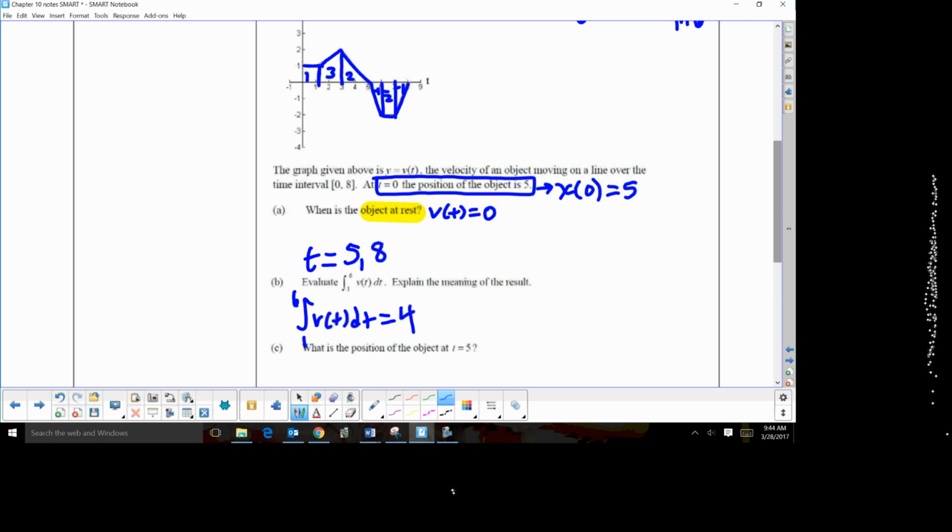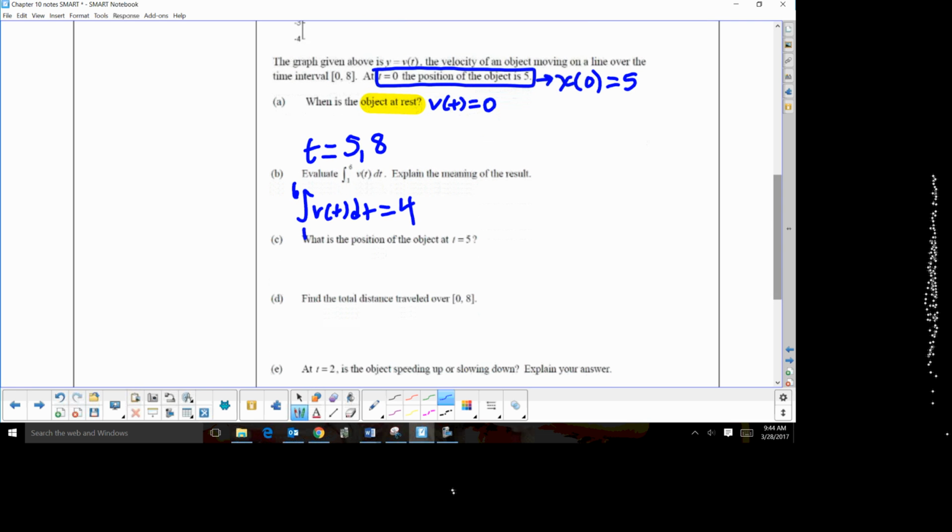So now going on to part C, it says, what is the position of the object at t equals 5? There's something that should be jumping into your brain that we have been doing over and over to help you with this. Fundamental theorem of calculus. Go. So set it up.